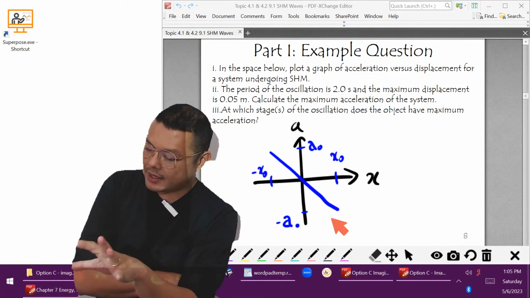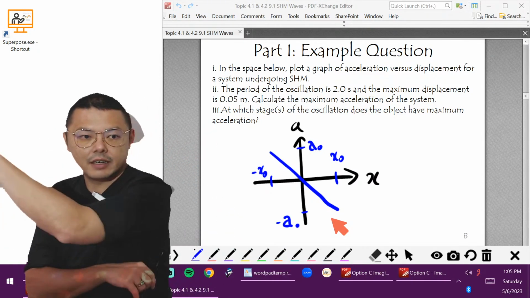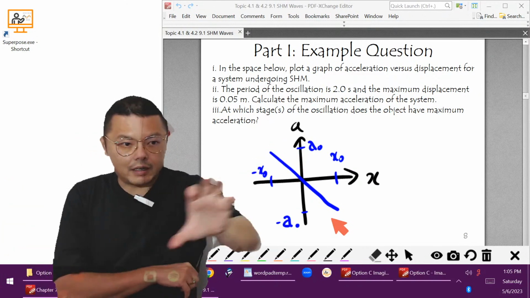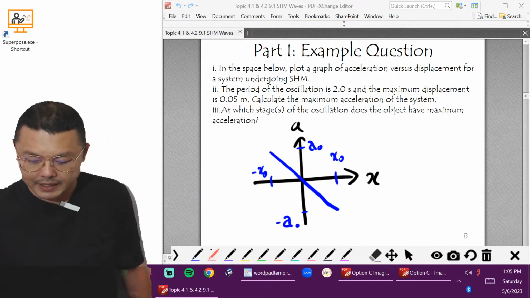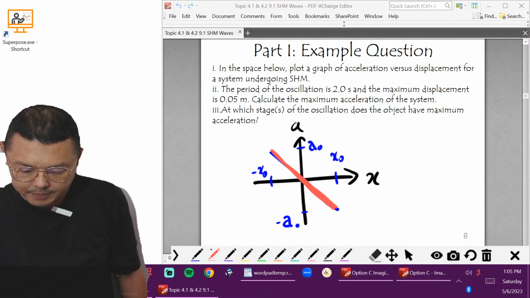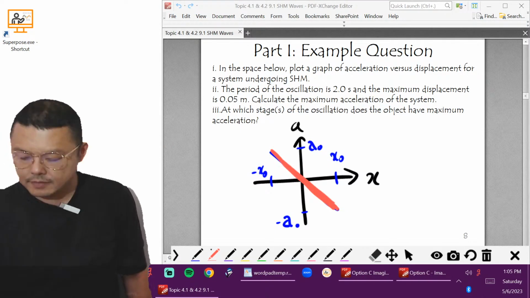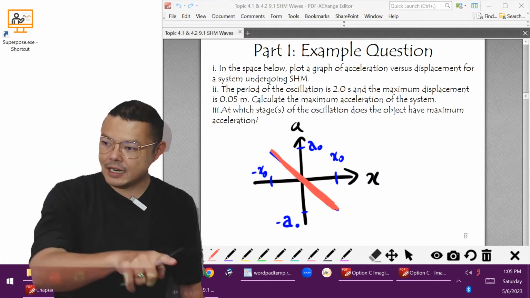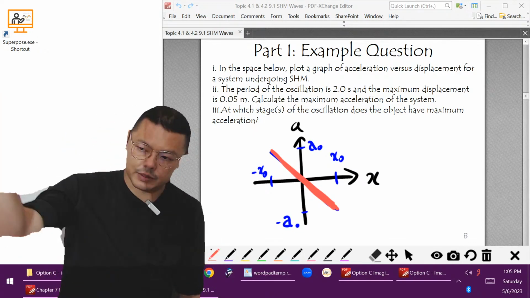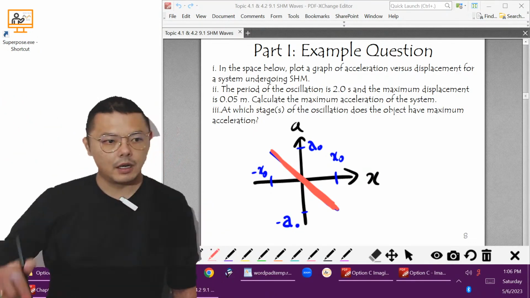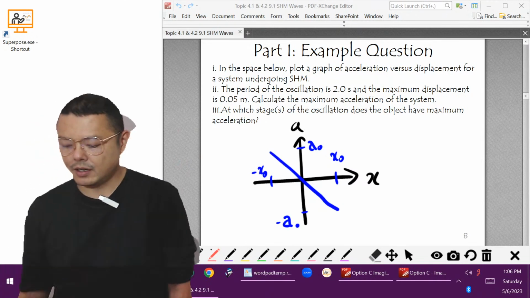As the object oscillates left, right, left, right, you are actually going up and down this graph all the time. This graph gives you the limits, so it goes up and down this way. You get what I mean? Okay, cool.